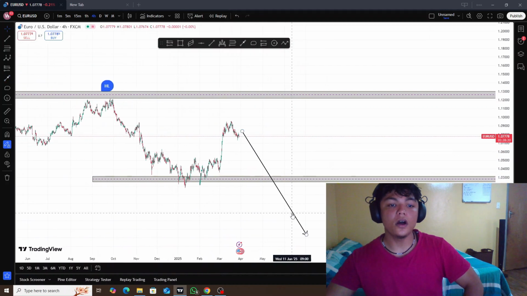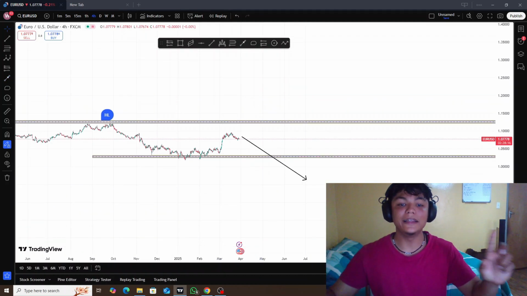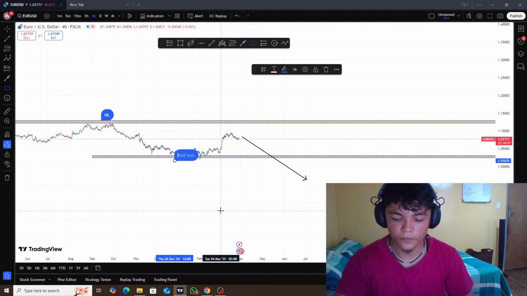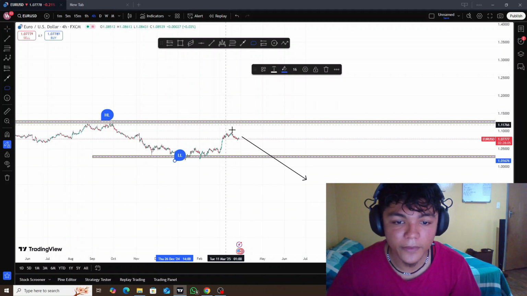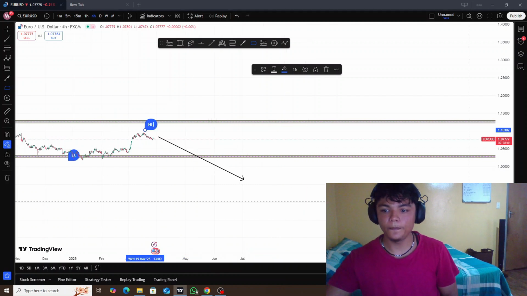So now what are we looking for? We are looking for the market to be done with the retracement. So this is the lower low right here, and this would be my new higher low. No?